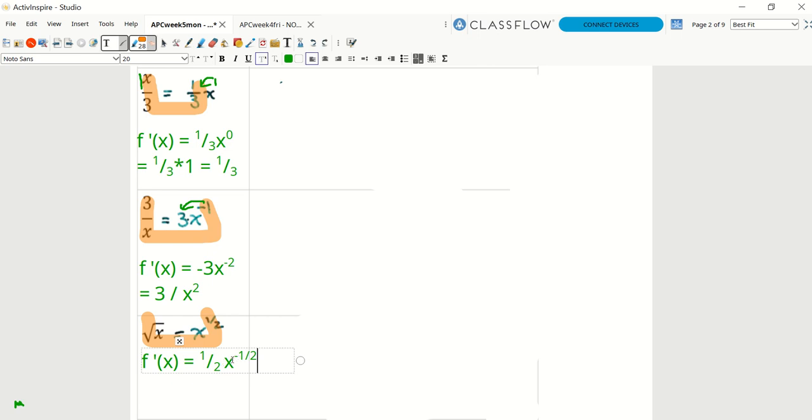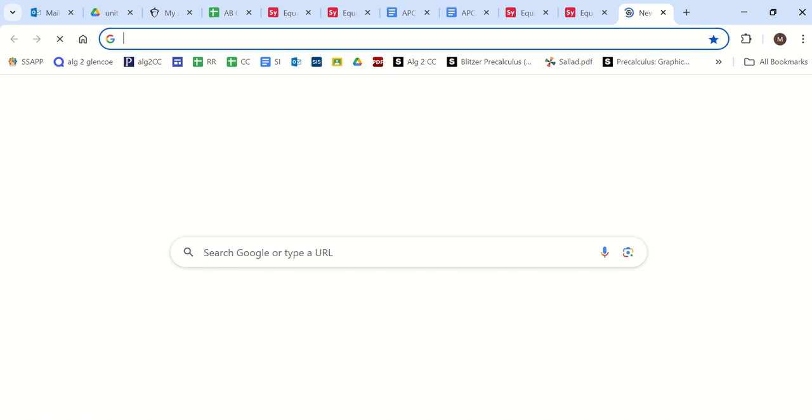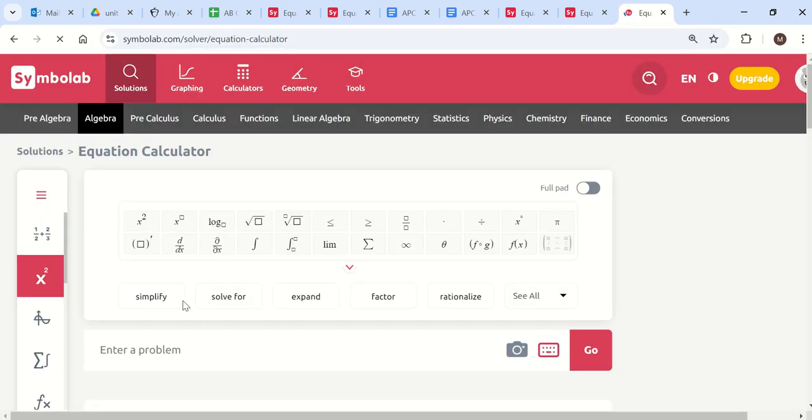Now, let me actually type this up on Symbolab, just so you can see it as a clear fraction.